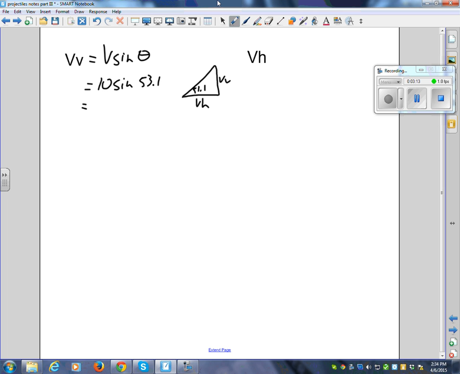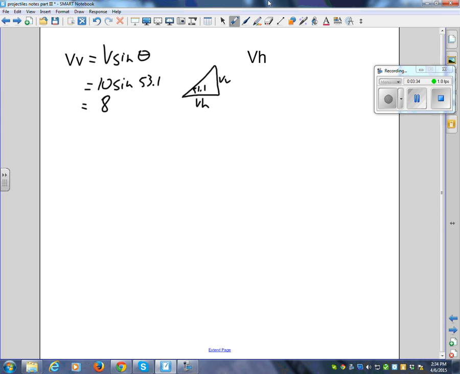So this is going to be 10 times the sine of 53.1. And it works out to 8. And the reason that 53.1 was chosen is because it gives you a sine value of 0.8. Right? So it gives you a nice, round, even VV of 8.